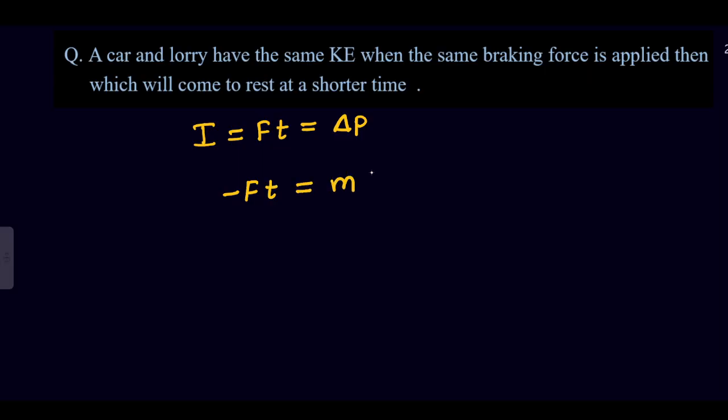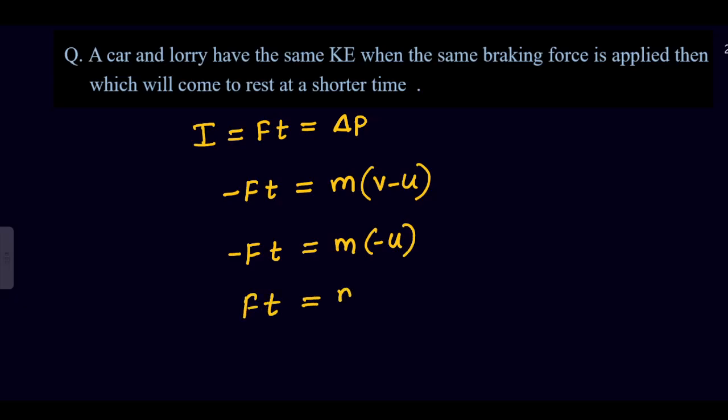Now this is m into final velocity minus initial velocity. So this is minus F into T, which is equal to, final velocity 0, so that is minus mu. Then we'll come to F into T, which is equal to m into u, na.